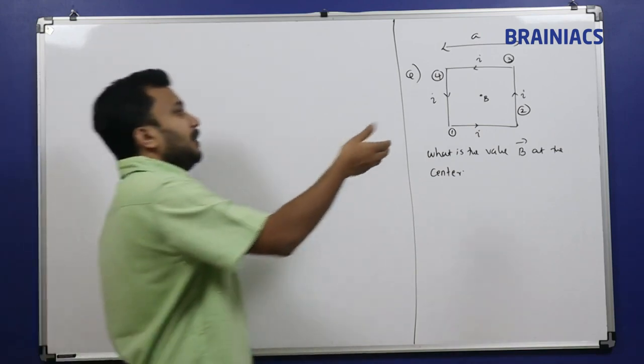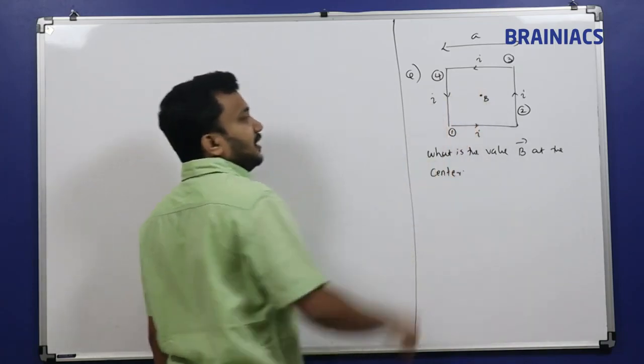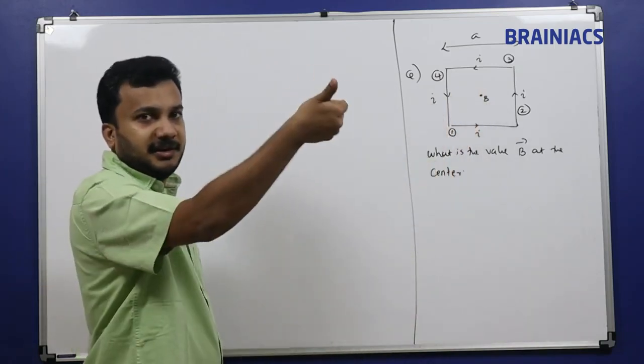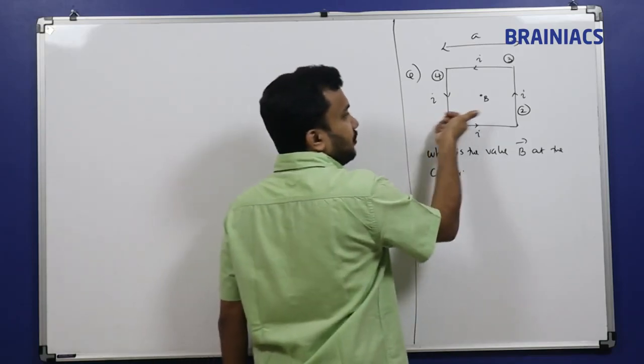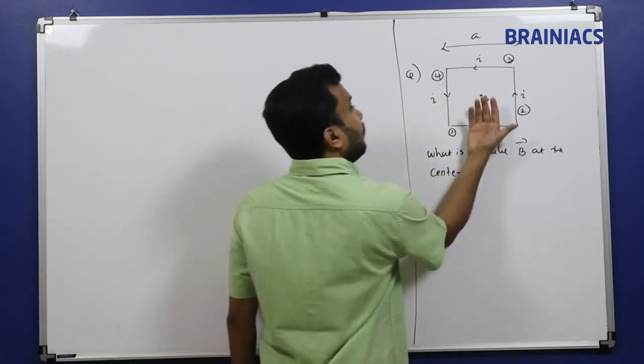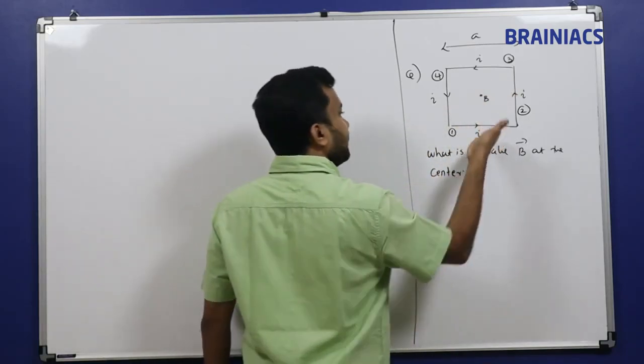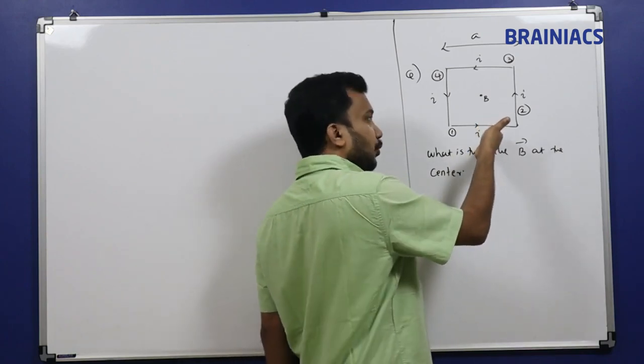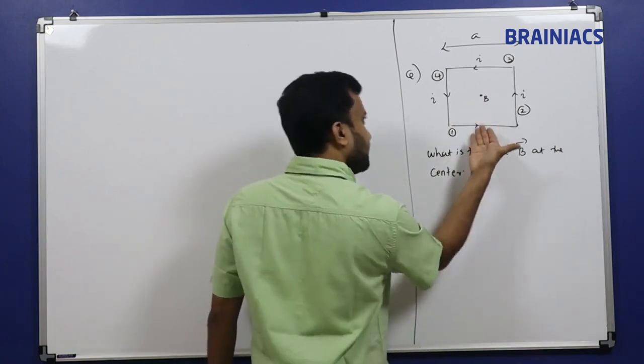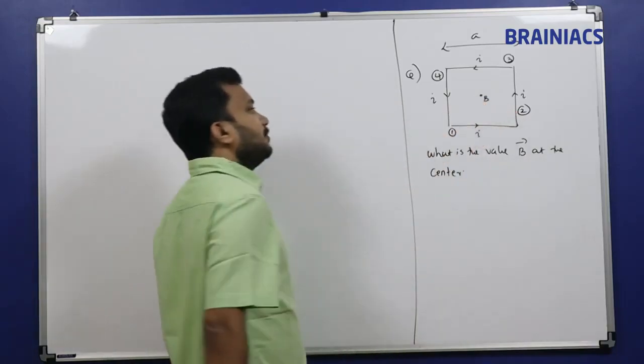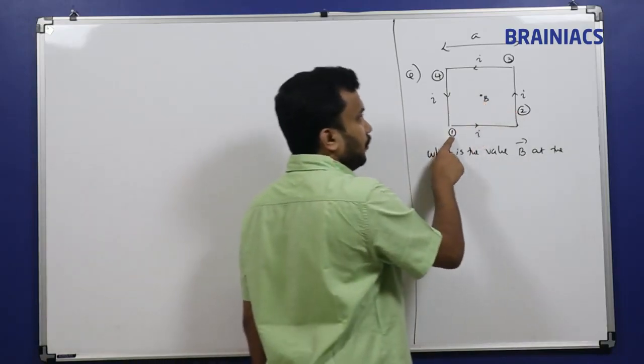In this one, for the magnetic field produced by the first conductor at this point, we can apply the right hand thumb rule. The thumb points in the direction of the current and the other 4 fingers curl. Here my fingers are coming out, so the magnetic field is outside because of 1.